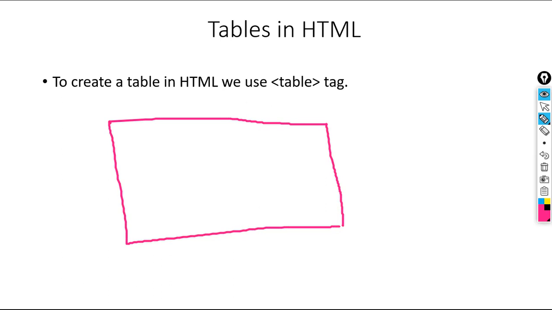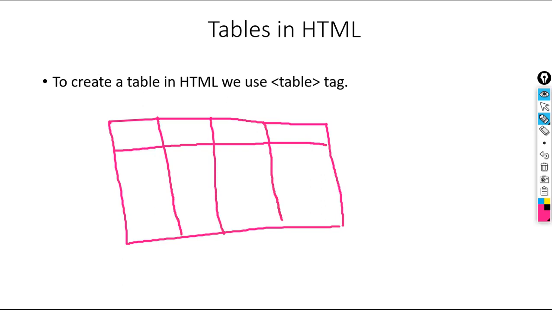Okay, this is the table heading, this is column 1, this is column 2, this is column 3 and this is column 4, correct? So here are some subjects: physics, chemistry, math, history, correct?